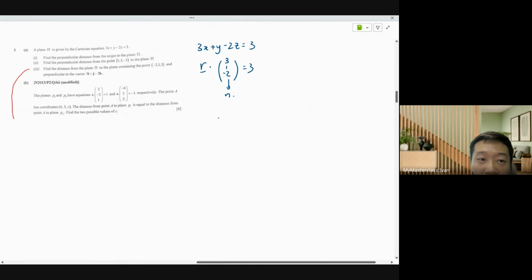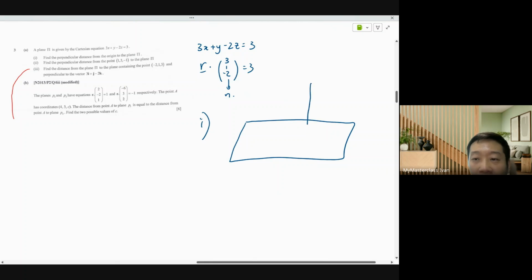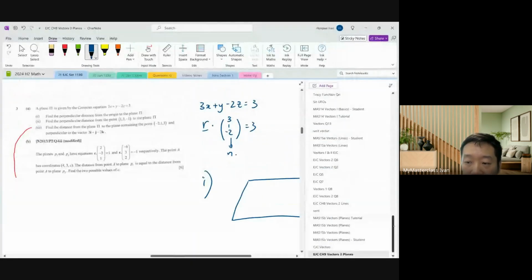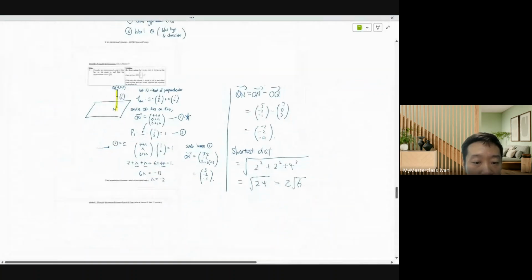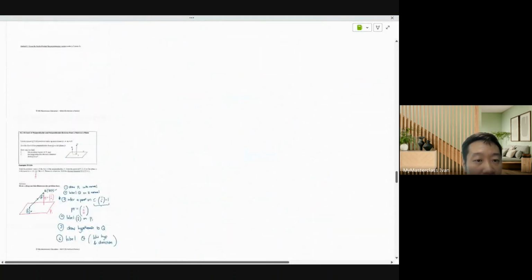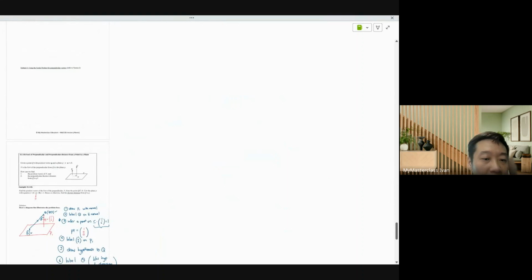For part 1, how to find the perpendicular distance from the origin to the plane. There is one formula that I want you all to include over here. Let me see whether there is space.